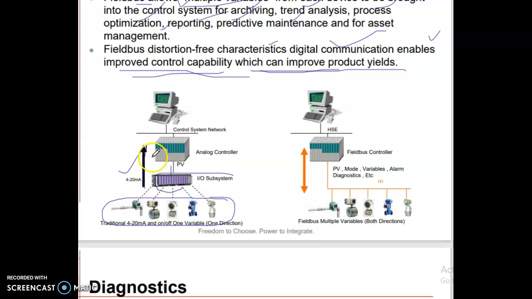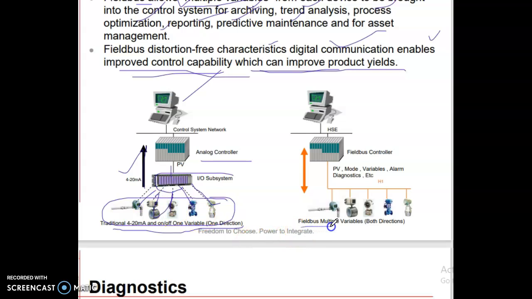This will be connected to the control system network, then SCADA and DCS. Here this is the traditional 4 to 20 milliamps and on and off: one variable, one direction.